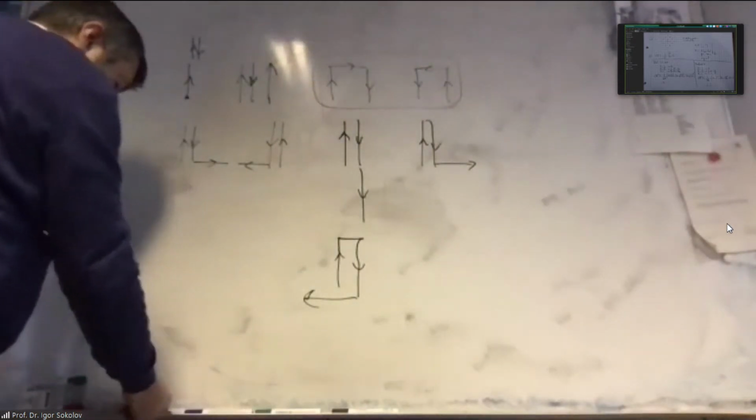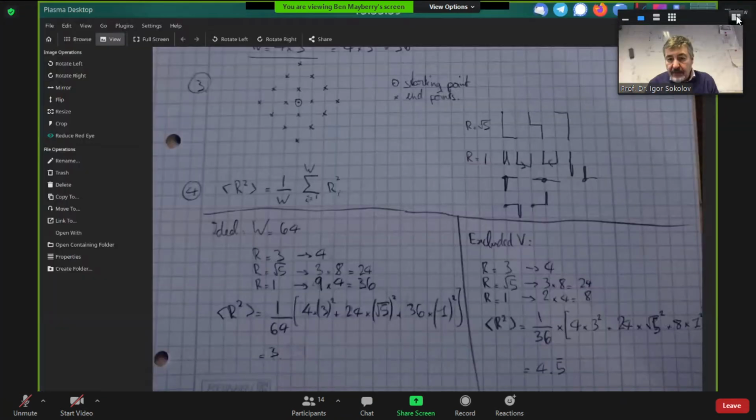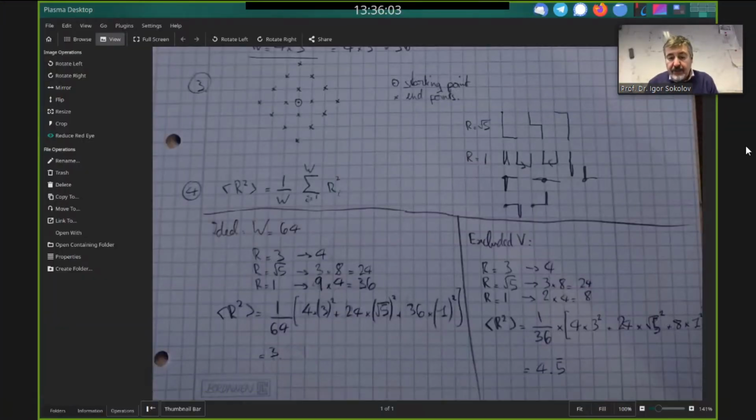Okay. Then you got r equal to 3. You have now, you multiply everything by 4 and sum up, and you get r squared 4.5. I got something different. Maybe I missed some configurations. Wonderful.